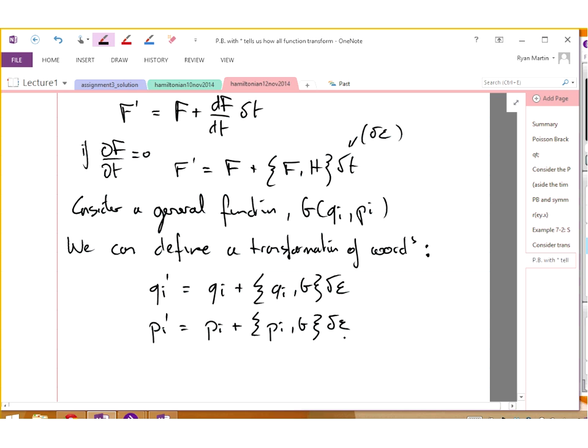So I'm completely free to do that, right? I can define whatever function I want, g of the q's and p's, and then I can say, well, I'm going to take the Poisson bracket of q and g, and make that the term for how the q's transform, and I'm going to take the Poisson bracket of p and g and make that the term for how the p's transform. Okay?